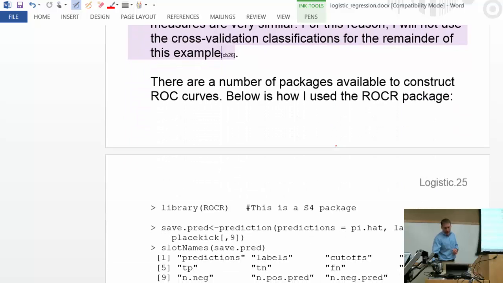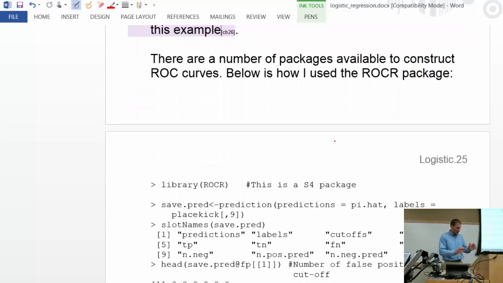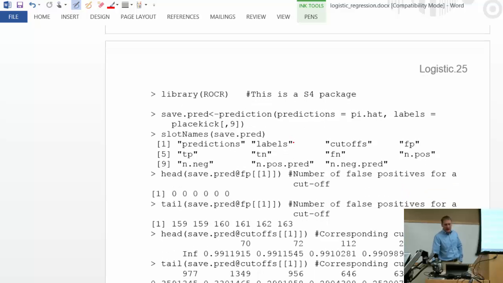Okay, so how can we do these ROC curves? Well, there are a number of packages in R designed to do these ROC curves. What I have found to be the best and easiest to use is a package called ROCR. And this is a package that you're going to have to actually download and install.